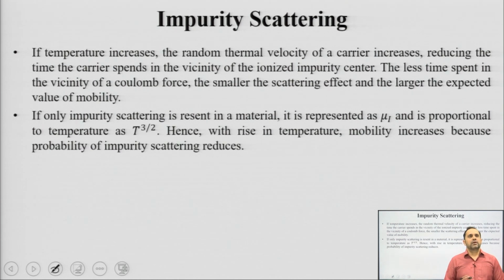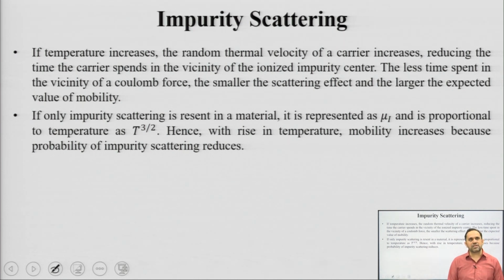Okay. So, if temperature increases, the random thermal velocity of a carrier increases, reducing the time the carrier spends in the vicinity of these ionized donors or acceptors. Less time spent basically means less attraction, less Coulombic force, a smaller scattering effect and larger mobility.